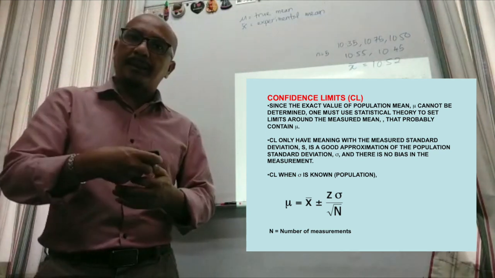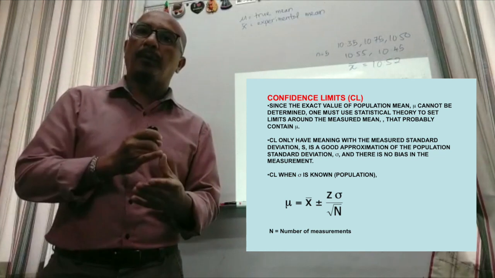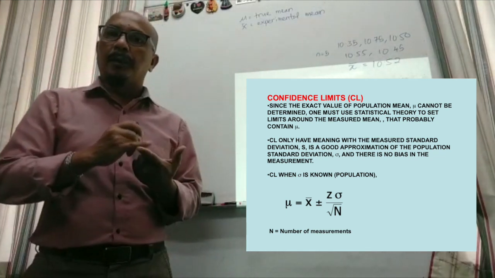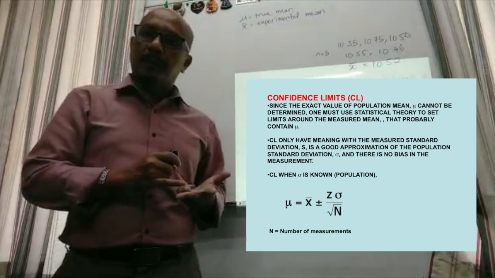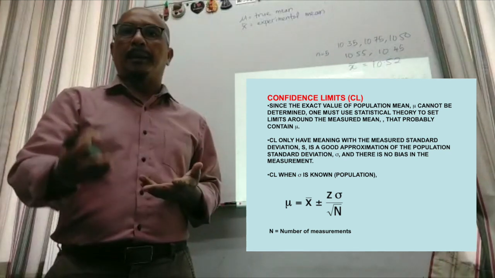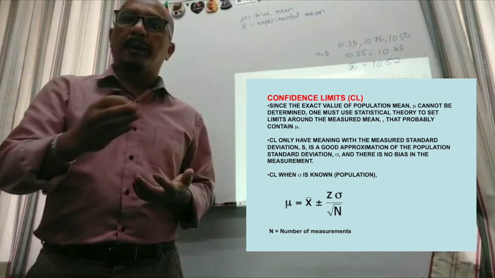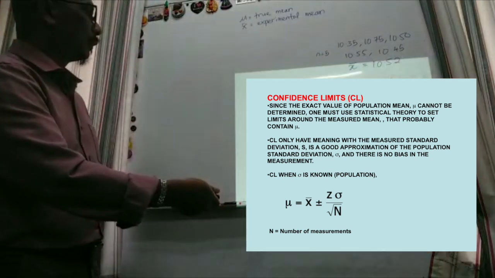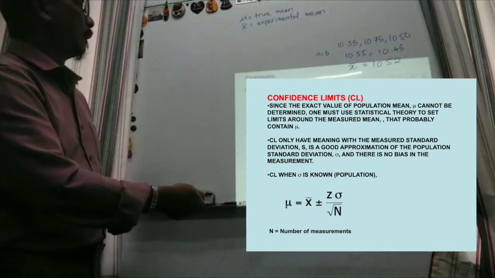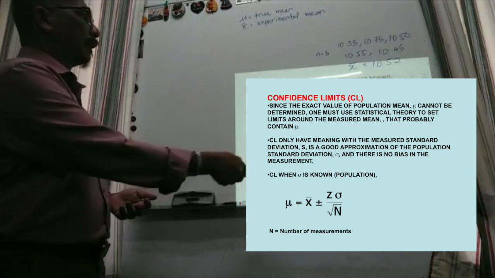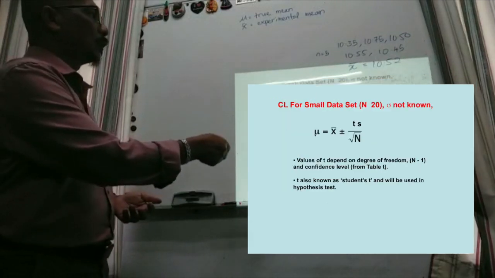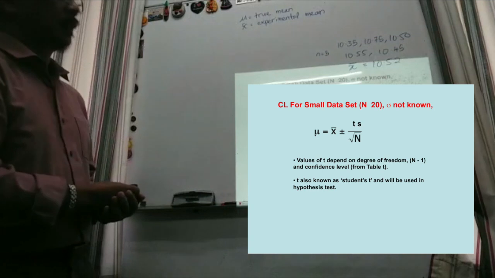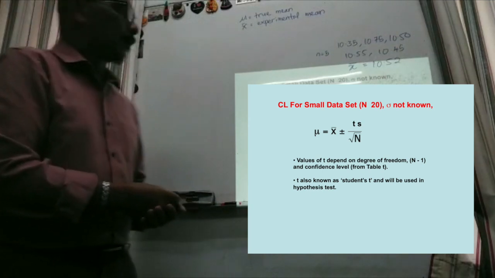But in normal practice, the number of replicates is below 20. So the formula we should use, okay, this one. This is the formula to calculate the confidence interval.